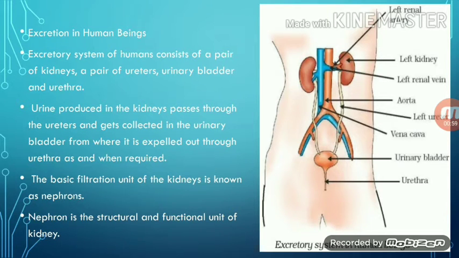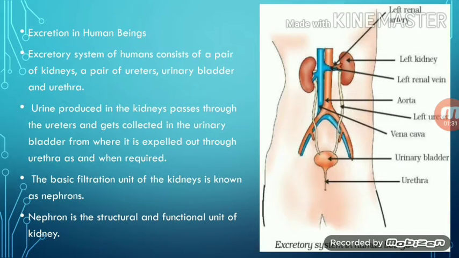These are the organs involved in the process of human excretion. Urine produced in the kidney passes through the ureter and gets collected in the urinary bladder, from where it is expelled out through the urethra as and when required.